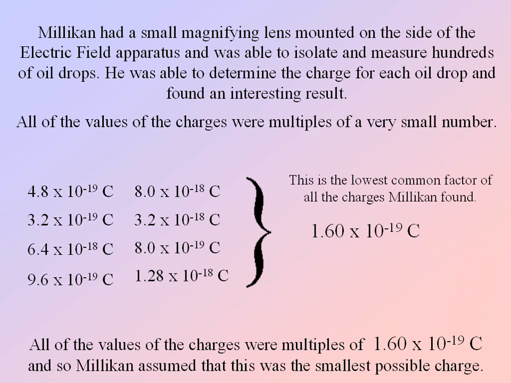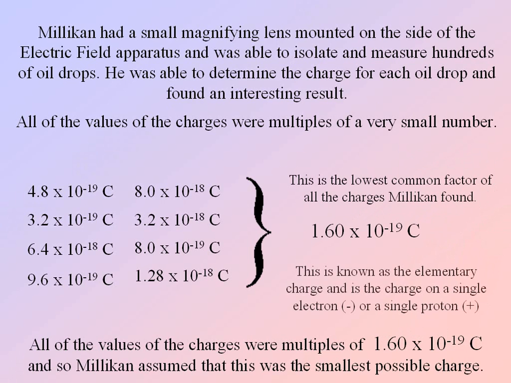This is the lowest common factor of all of the charges Millikan found. This is now known as the elementary charge, and is the charge on a single electron, negative, or a single proton, positive.